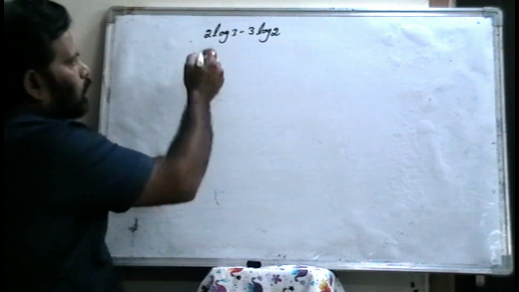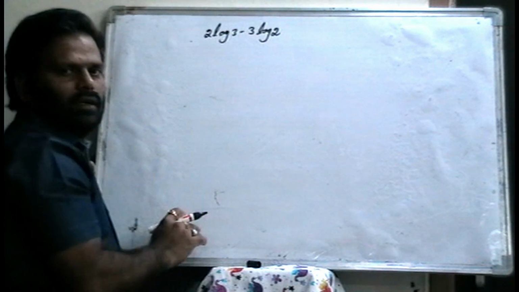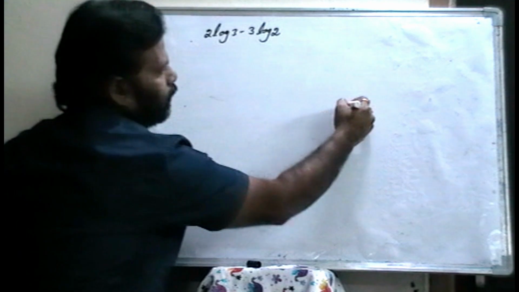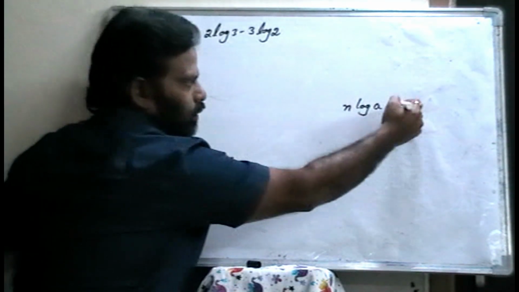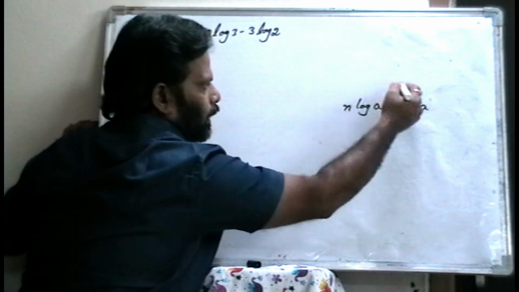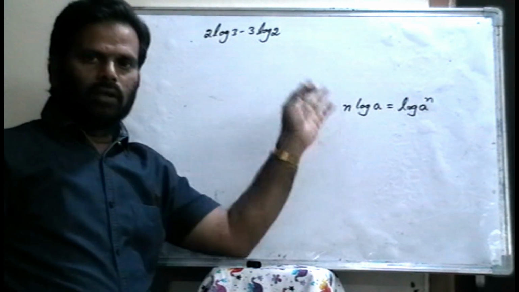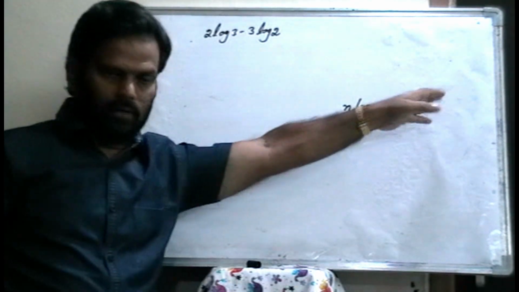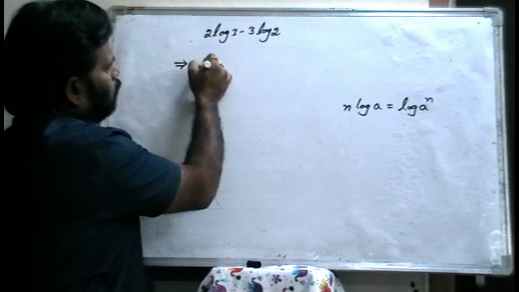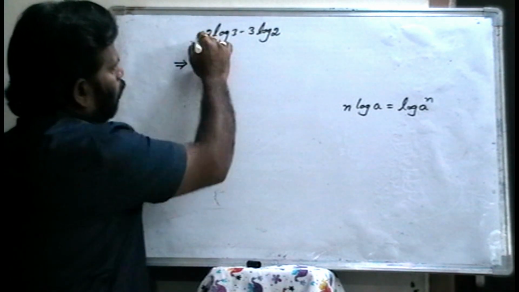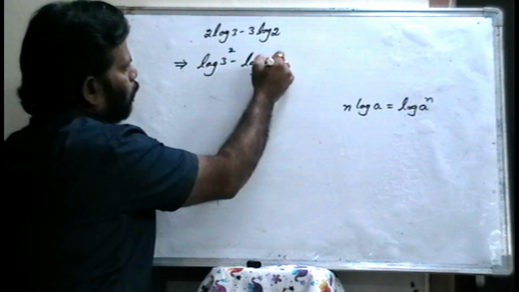Now 2 log 3 minus 3 log 2. 2 log 3 is in the form of n log a. n log a is equal to what? Log a to the power of n. Actually log a power n is equal to n log a, so n log a is equal to log a to the power of n. That implies log 3 to the power of 2 minus log 2 to the power of 3.